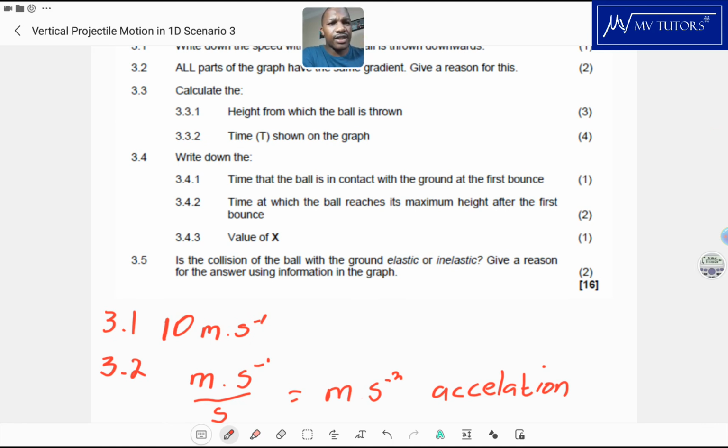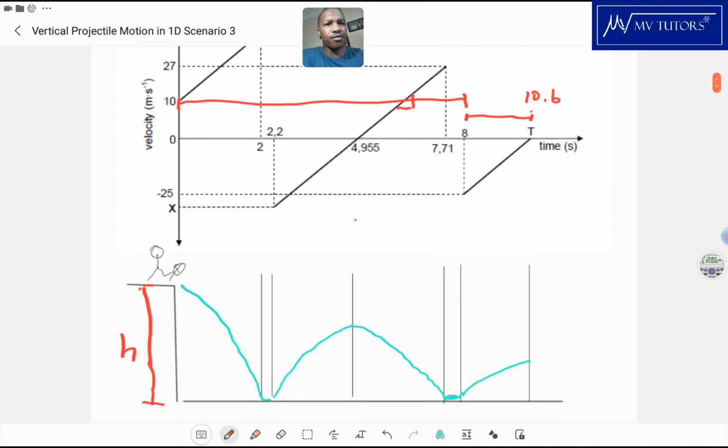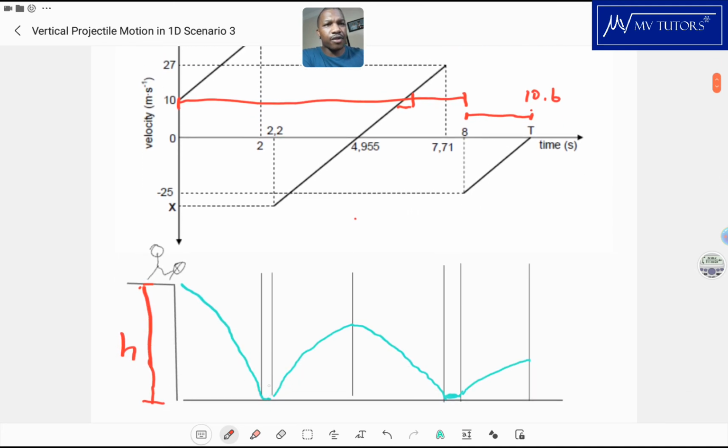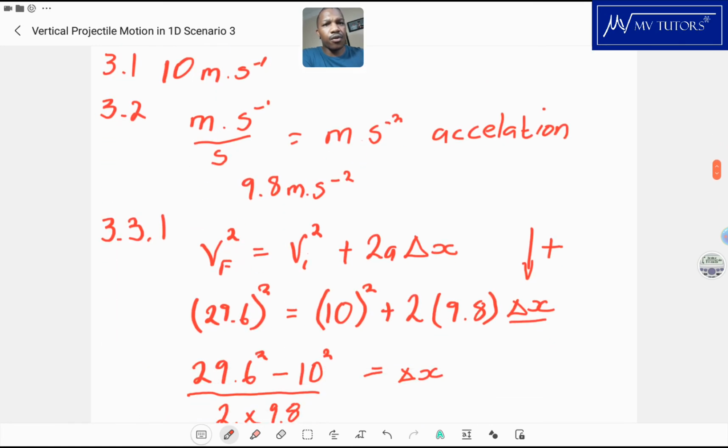Write down the time that the ball is in contact with the ground at the first bounce. Okay, so which one's our first bounce? This is our first bounce. So the time that we're interested in is 2.2 minus 2. That was 3.4.1.